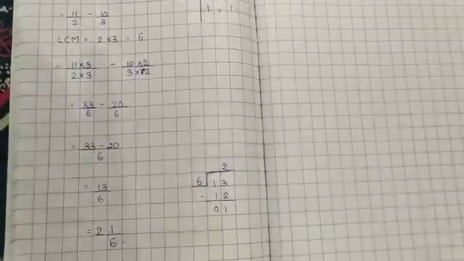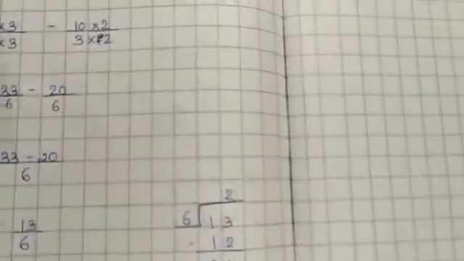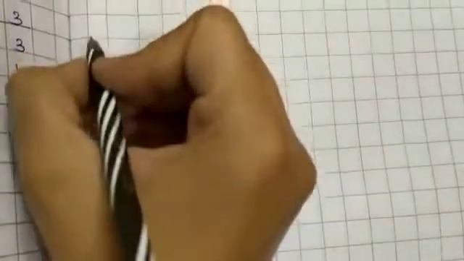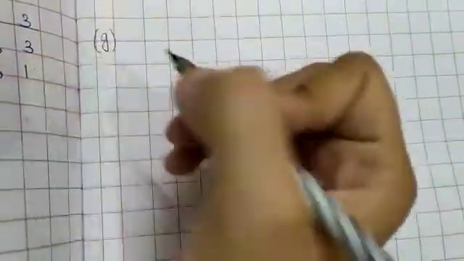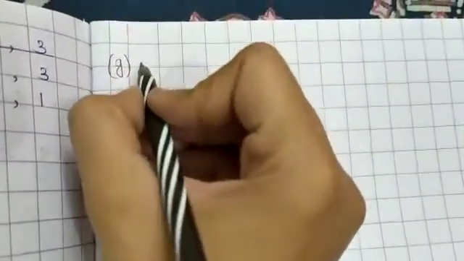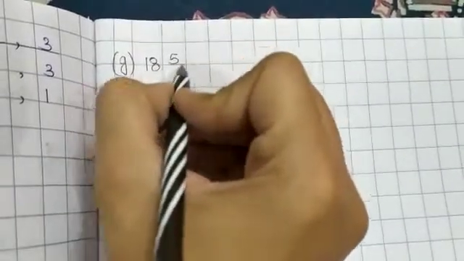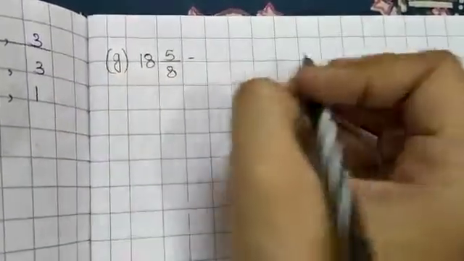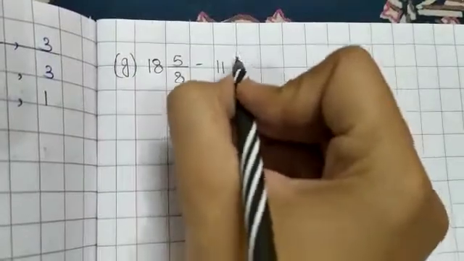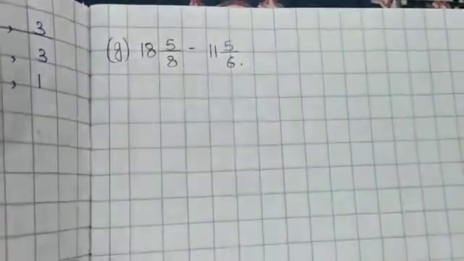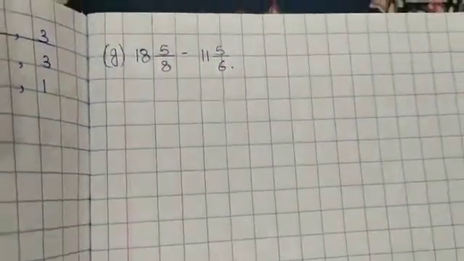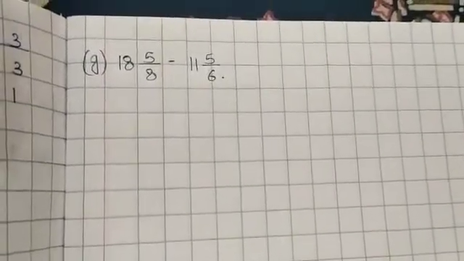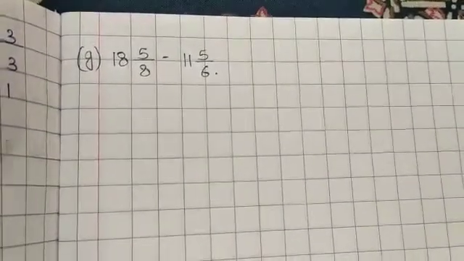After this, note down part G from question number 3. 18 5 by 8 minus 11 5 by 6. This is in mixed fraction, so change it.